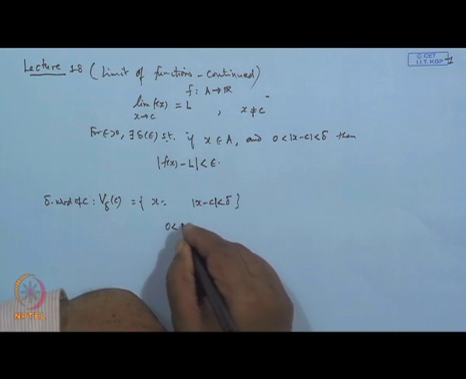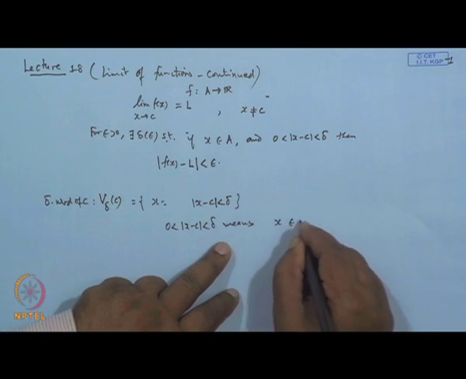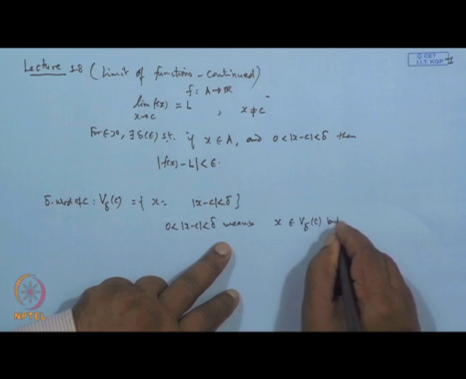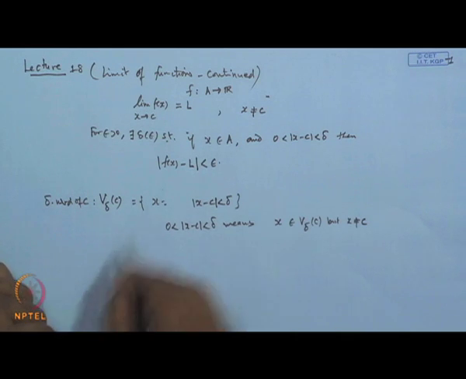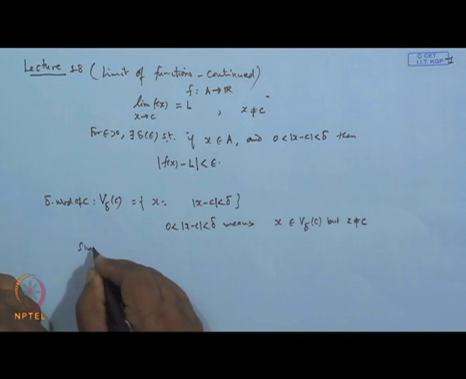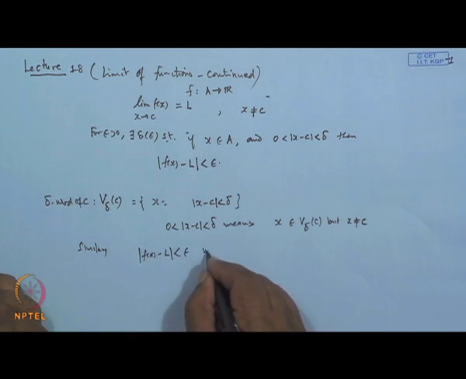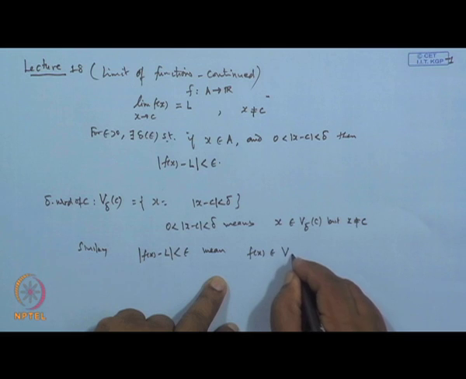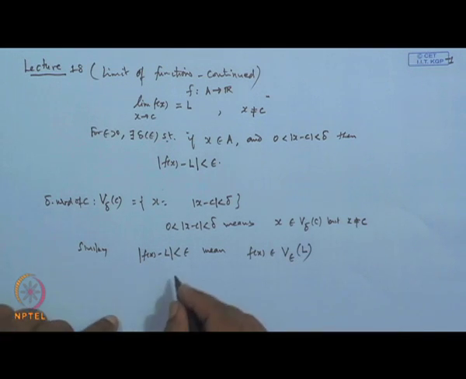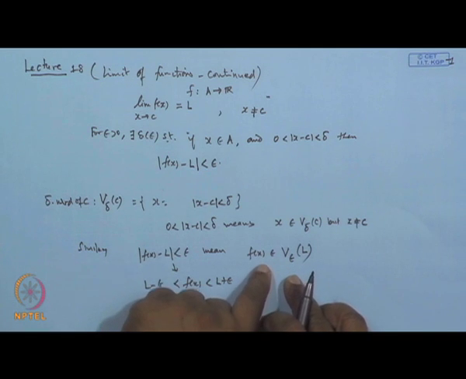So, 0 is less than |x minus c| less than delta means x belongs to V delta c, but x is not equal to c. So, it lies in the delta neighborhood of c, and similarly |f(x) minus L| less than epsilon means that f(x) belongs to the epsilon neighborhood of L, because the meaning of this is that f(x) lies between L minus epsilon and L plus epsilon.